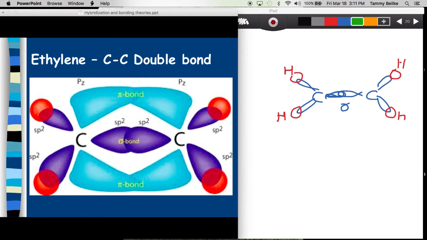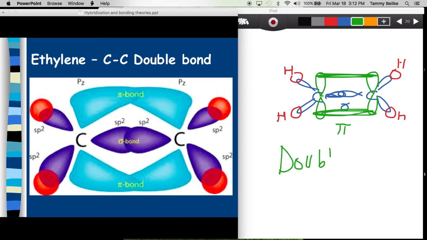But then it's got these p orbitals that are hanging out, and the p orbitals are sticking out so that they can have some overlap. Okay, so in ethylene, it has a sigma bond, and it also has a pi bond. So a double bond is a sigma and a pi because of the overlap of the orbitals.